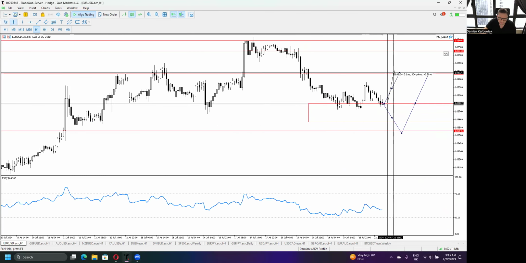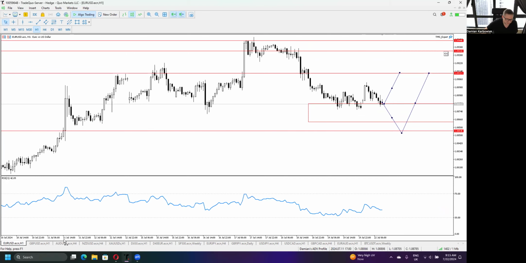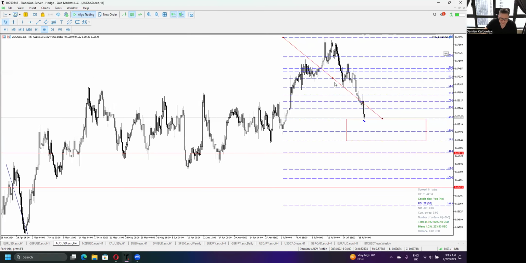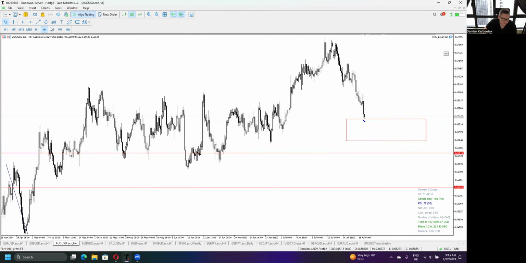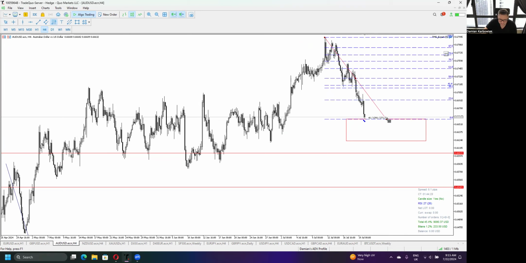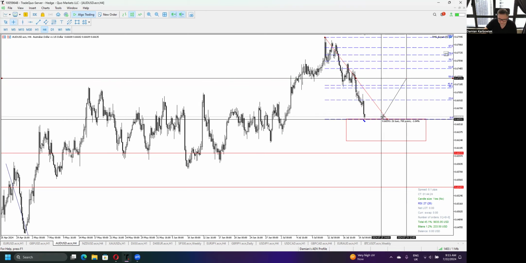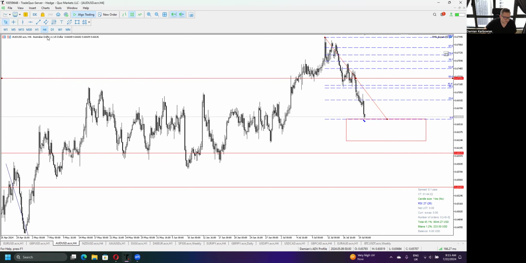Right here, if we talk about the Euro dollar, the safety range is around 30 pips. Right here, if we do the same and measure at least the 50% of the last down movement, which is right here, this is from now 65, 66, so it's 2 times bigger.